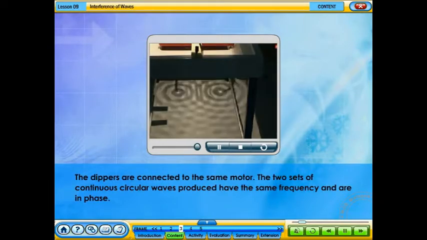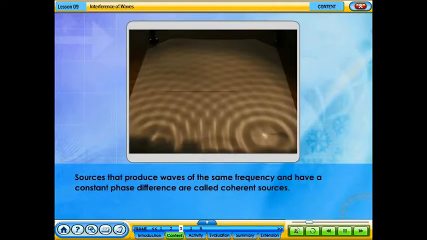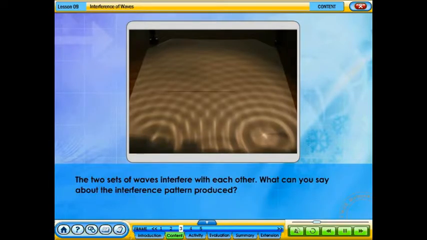The dippers are connected to the same motor. The two sets of continuous circular waves produced have the same frequency and are in phase. Sources that produce waves of the same frequency and have a constant phase difference are called coherent sources. The two sets of waves interfere with each other.